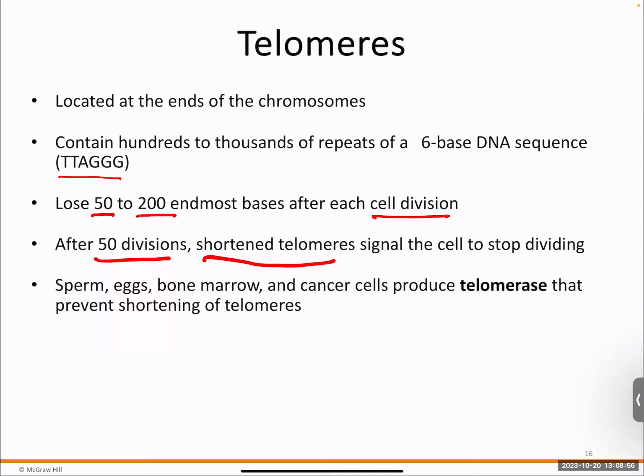Because again, as these telomeres get shorter and shorter, that implies that the cell is getting closer to its end of its ability to undergo cell division. Now, sperm and eggs and bone marrow cells, as well as cancerous cells, the cells that are basically undergoing significant cell division, they do have what we call telomerases that prevent the shortening of these telomeres.